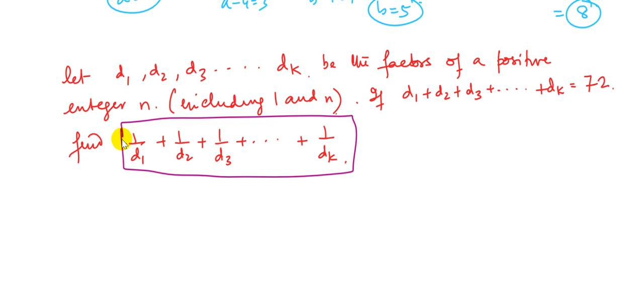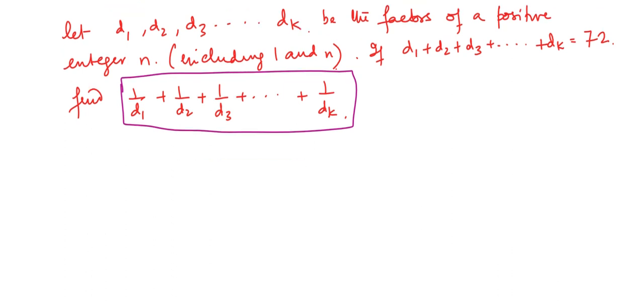Okay, let's forget this problem for a second. Let's take a simple example, then we'll come back to this problem. Same problem. Okay, let me take n equal to 12. Now, what are the factors of 12?